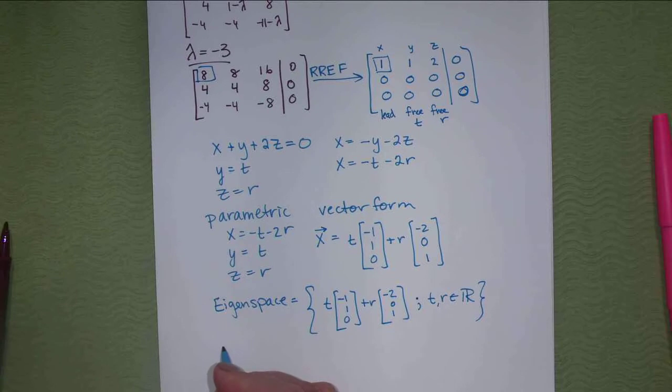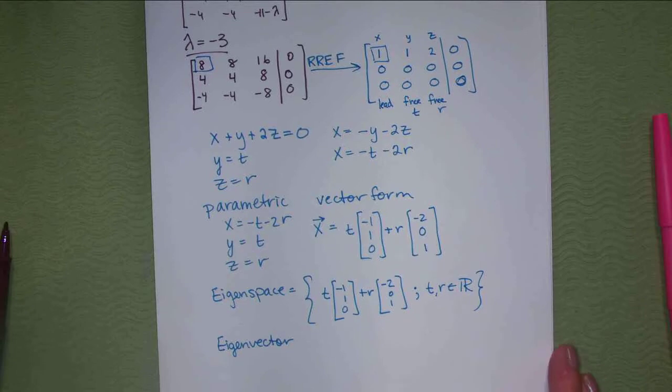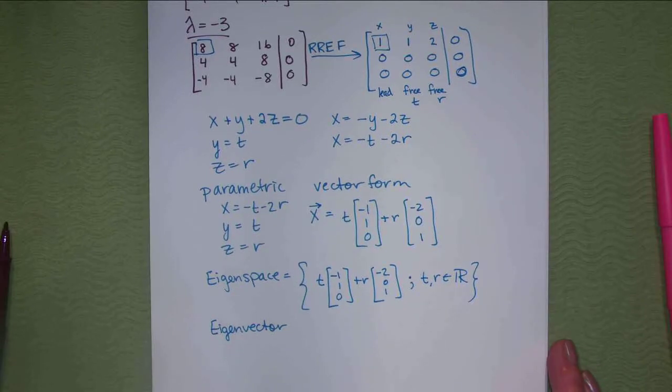And what would be one eigenvector? One or the other. Each of them, because you could say T is 0 and R is 1. Or you could say R is 0 and T is 1, so either. Or you could say they're both 1 and add them together, right?